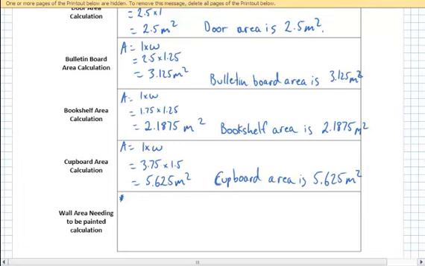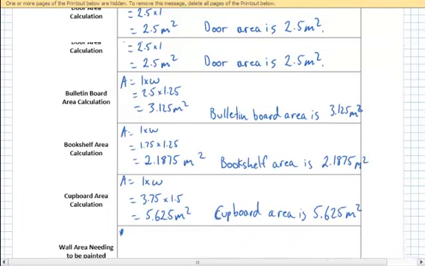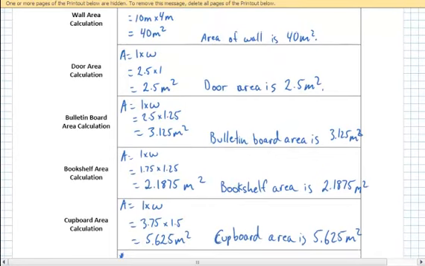Once you have done all your calculations, you should have the following information, hopefully. Area of the wall is 40 meters squared. The door is 2.5 meters squared. Bulletin board is 3.125 meters squared. And don't worry about the long decimals. That's simply because we're dealing with decimal questions that have 3 decimals.